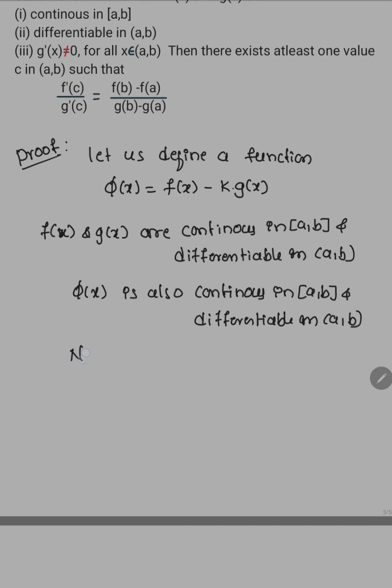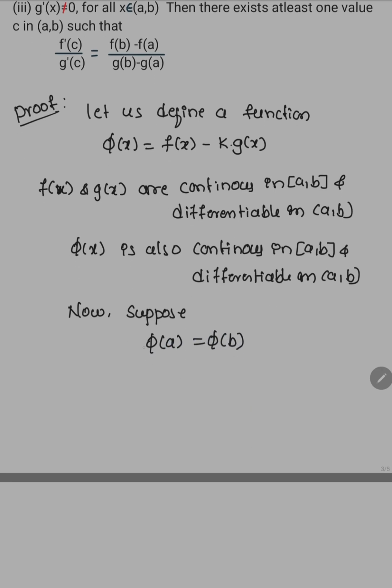Now suppose phi of a equals phi of b, from Rolle's theorem. So from 1, f of a minus k into g of a equals f of b minus k into g of b.